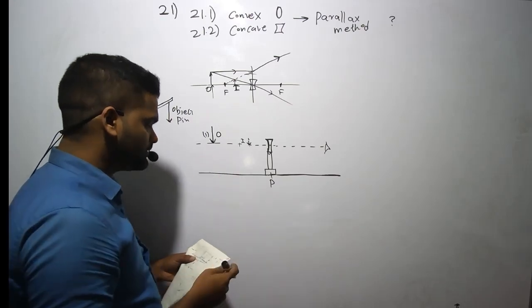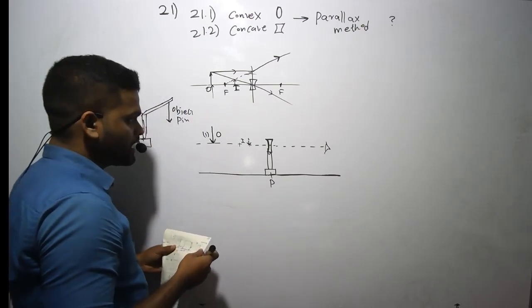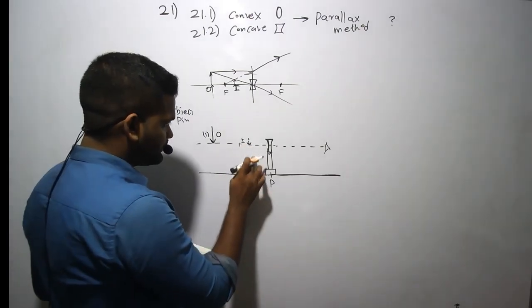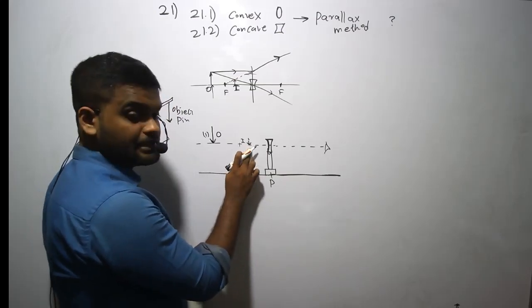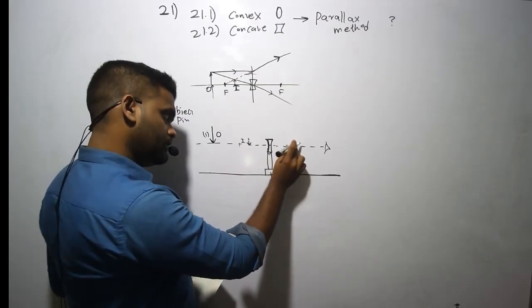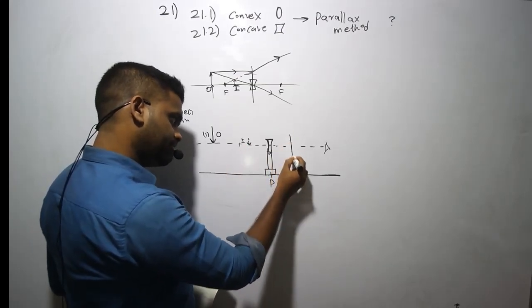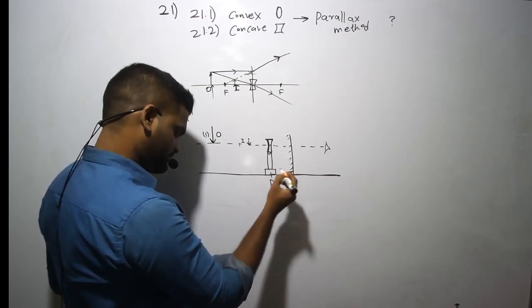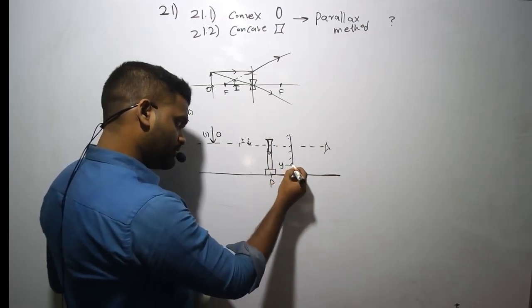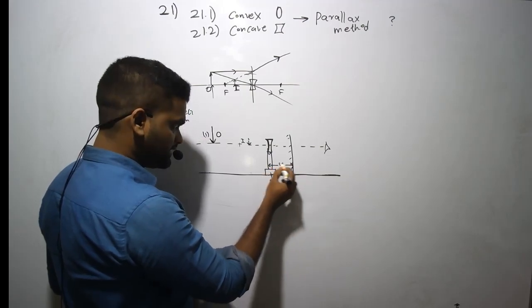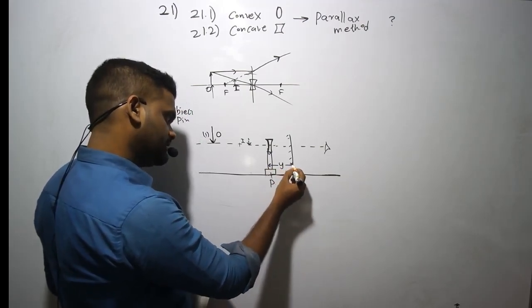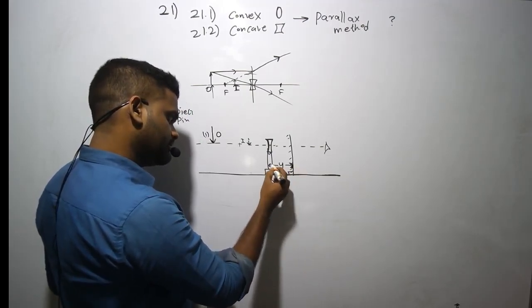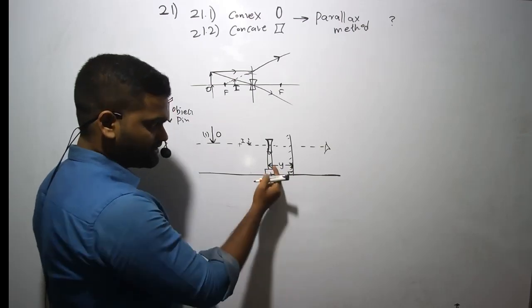So in this way, to detect the position of this image, you place a mirror like this at a known distance, let's say 4 centimeters. So you place the mirror at a measured distance.